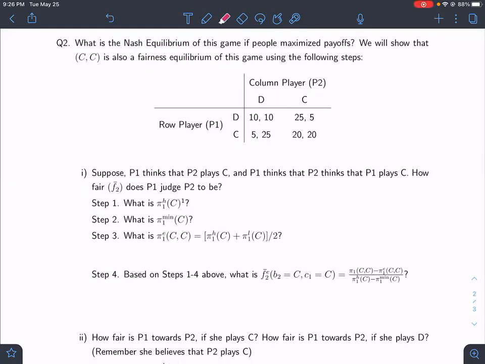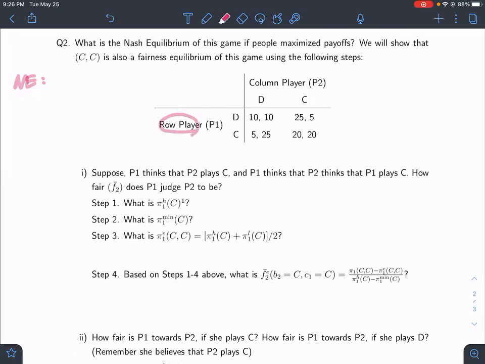So let me do this here. How do we find Nash equilibrium? We find best responses and then pick the strategy profile where the best responses cross. If this sounds too abstract, let me show you how we do that.